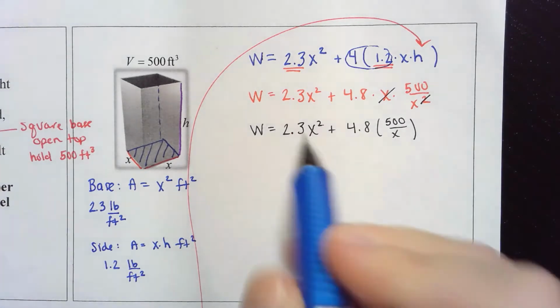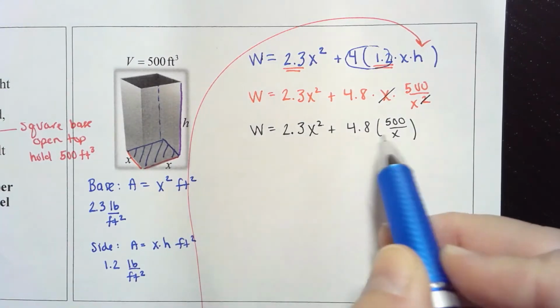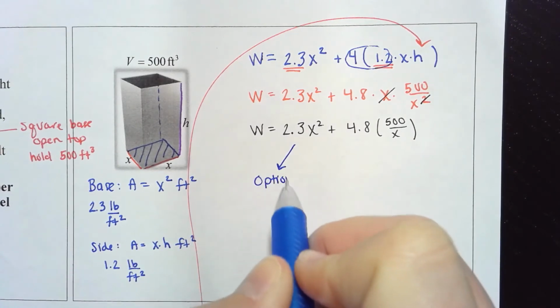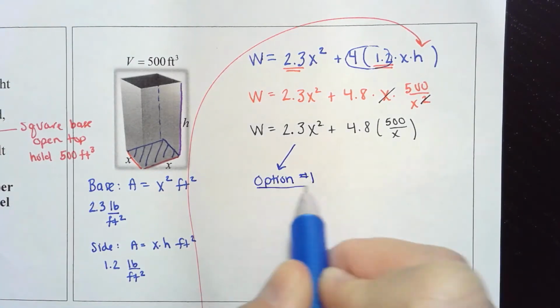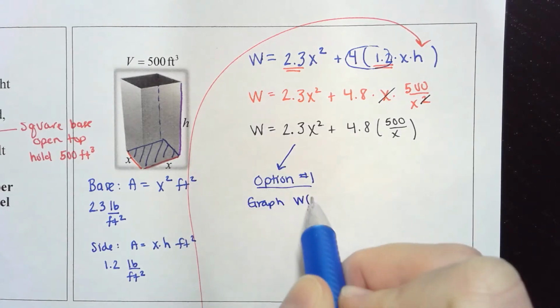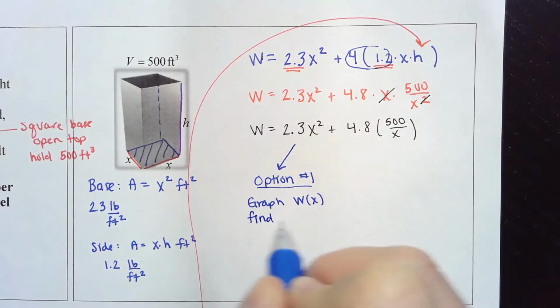Here's the deal. If I have my equation for weight and I'm trying to find the minimum, couldn't I, option number 1, go graph that function, I'll call it w of x, and then find the minimum.